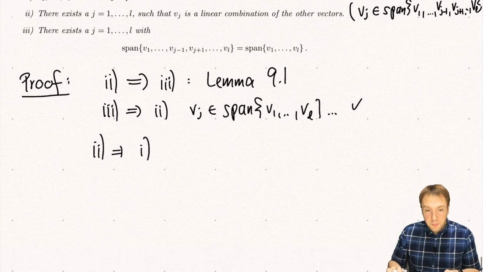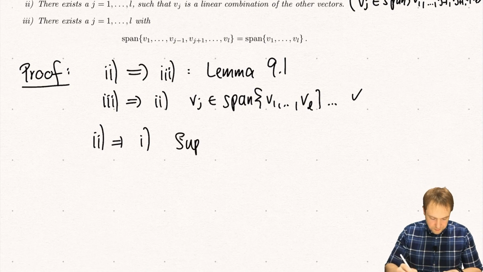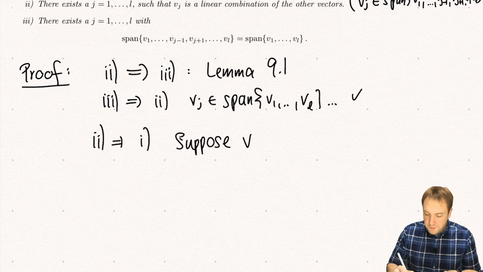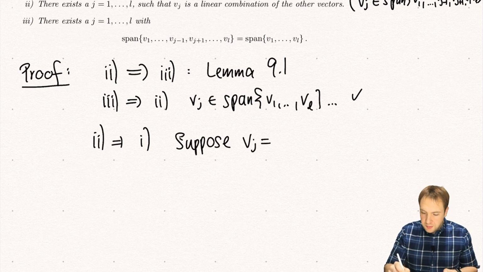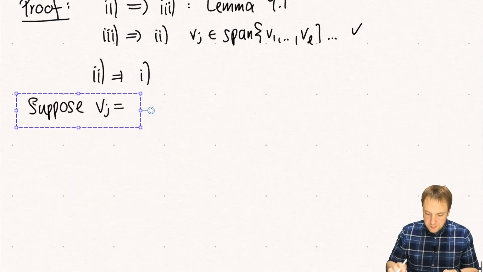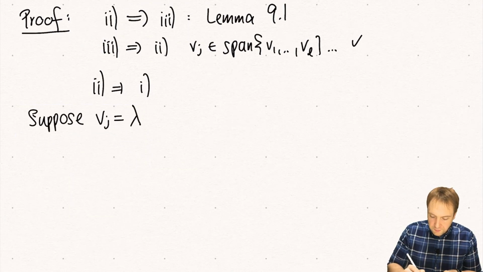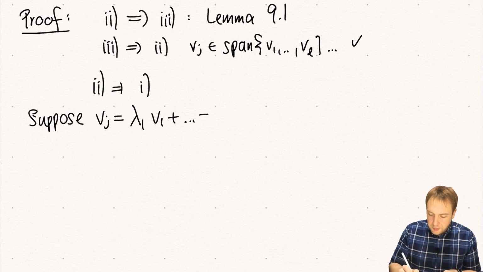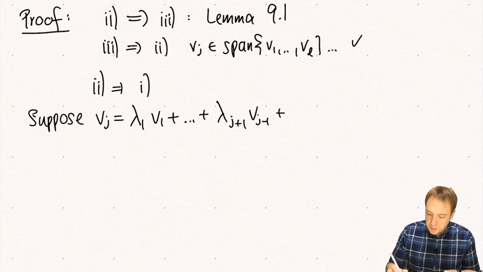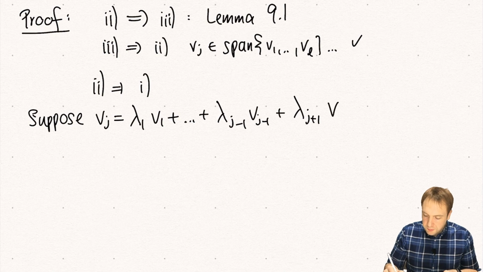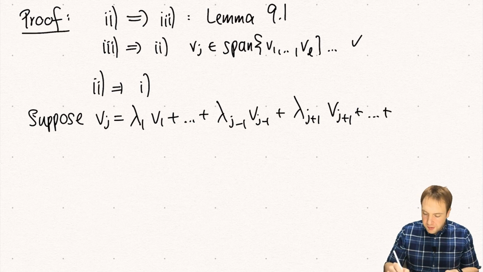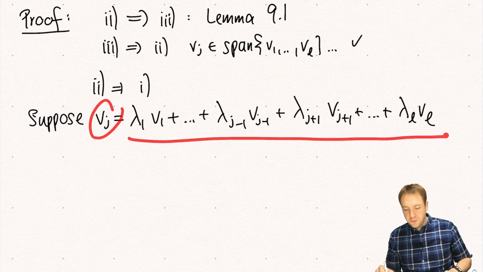So suppose that Vj is a linear combination of the others, meaning I can find lambdas: lambda 1 v1 up to lambda j minus 1 vj minus 1, plus lambda j plus 1 vj plus 1, and so on. It's just that I leave out the j part there.